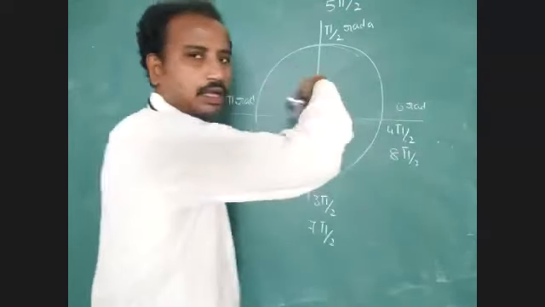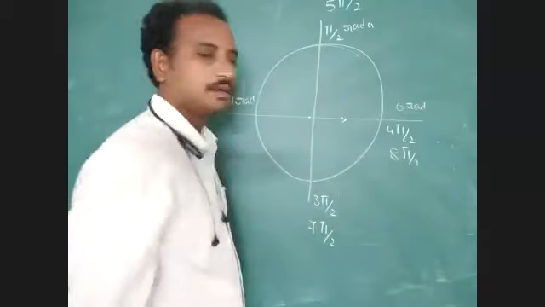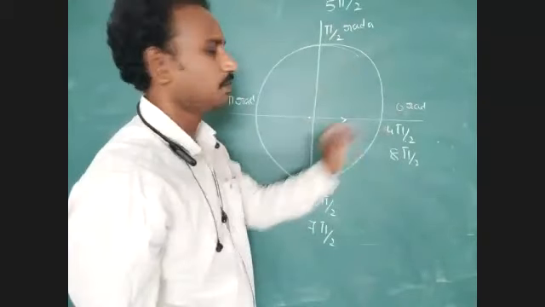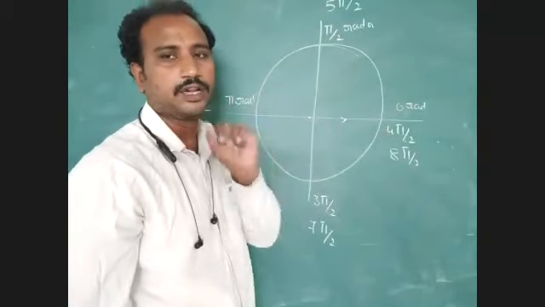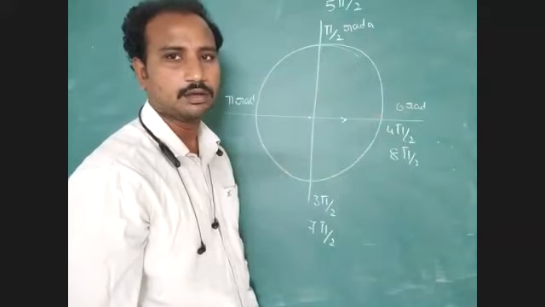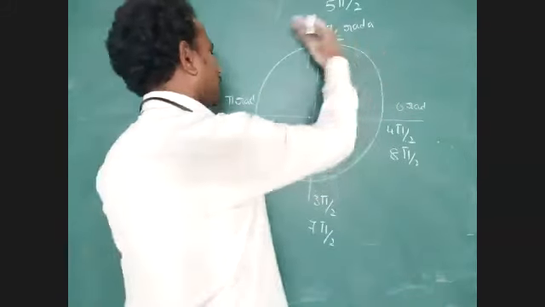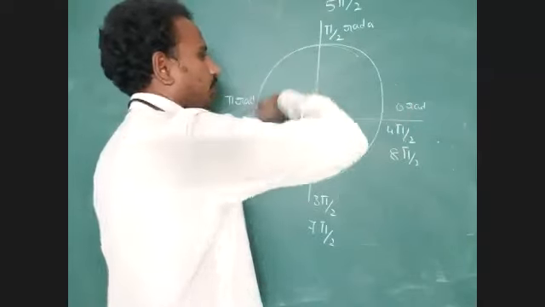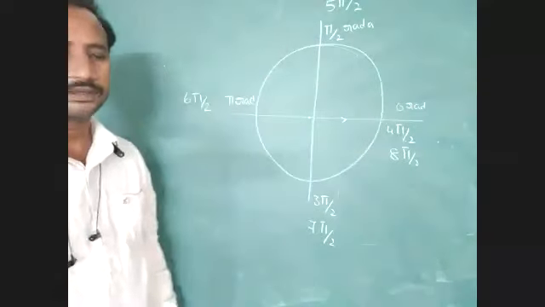How many rotations are completed here? Two rotations completed. Yes or no? The radius vector sweeps 2 complete rotations in a circular path.